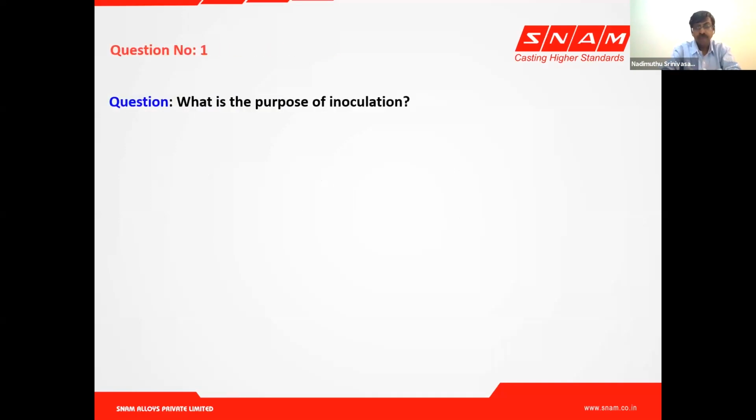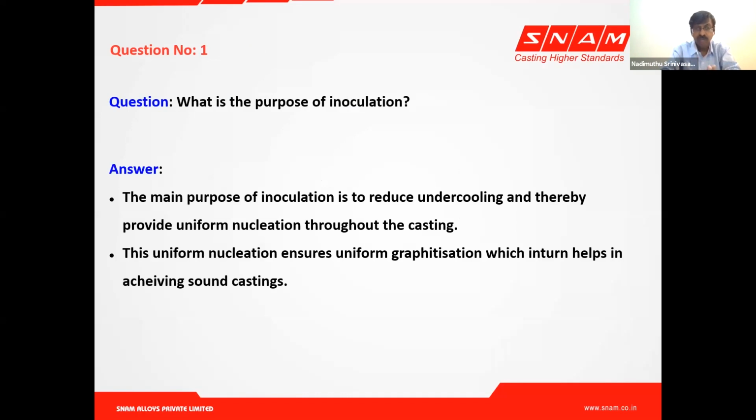So what is the purpose of inoculation? The main purpose of inoculation is to reduce undercooling and thereby provide uniform nucleation through the casting. The uniform nucleation ensures uniform graphitization. Just to explain the terminology, if you go into YouTube and look at undercooling of water, water is supposed to freeze at 0 degrees and form ice. If you keep it at a still temperature, even at 4 degrees, it does not form ice.